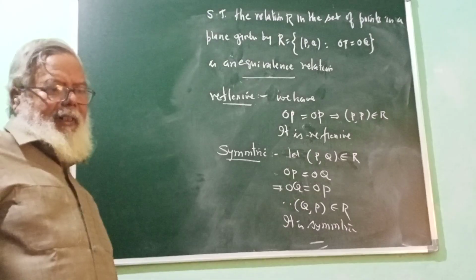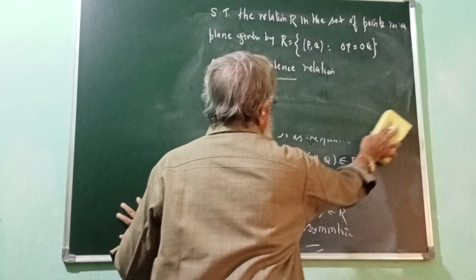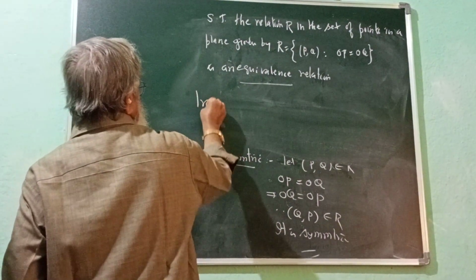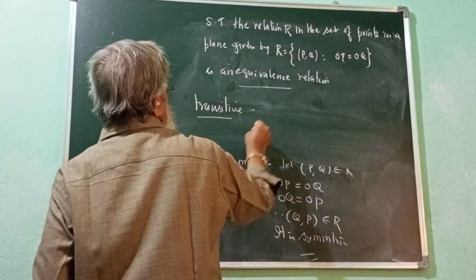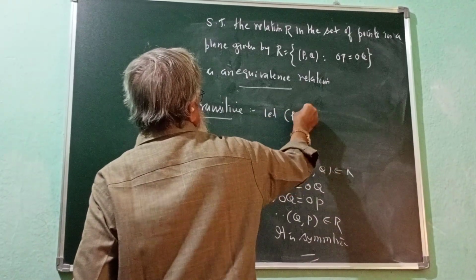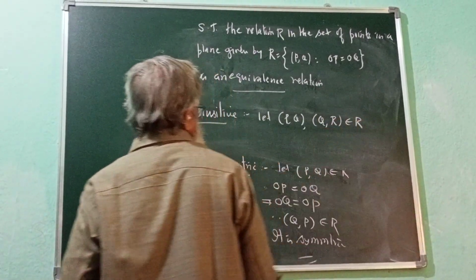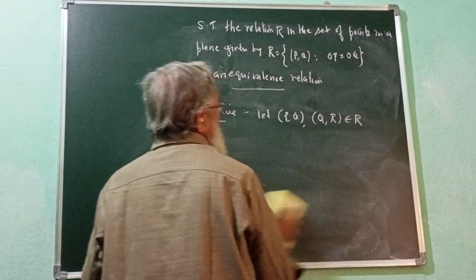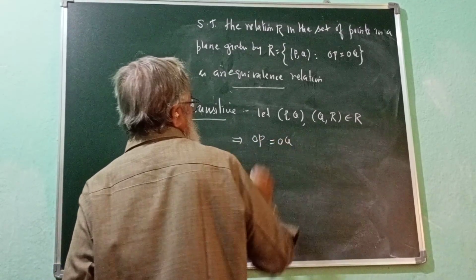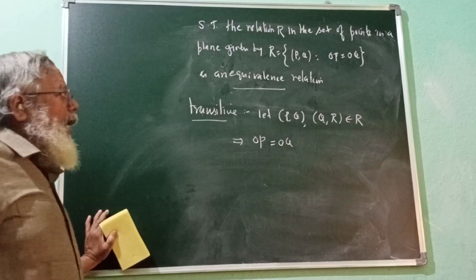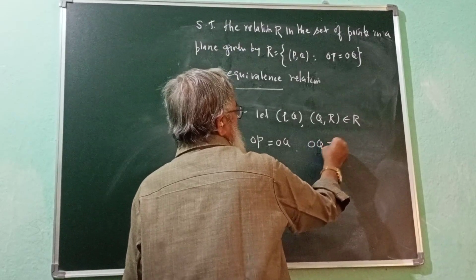Now we have to prove that it is transitive also. Let PQ and QR, where R is a new point, belong to relation R. Now PQ belongs to R means the distance from the origin to the point P is equal to the distance from the origin to the point Q, and QR belongs to R means OQ is equal to OR.